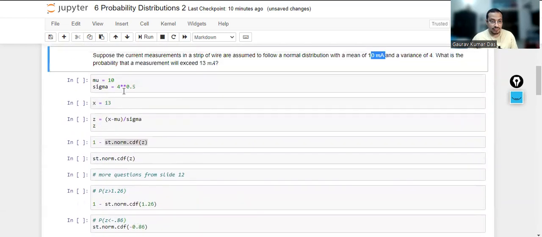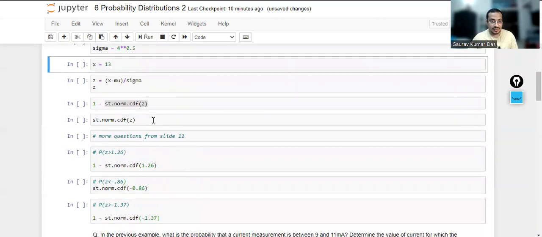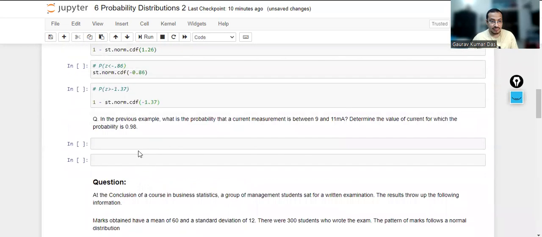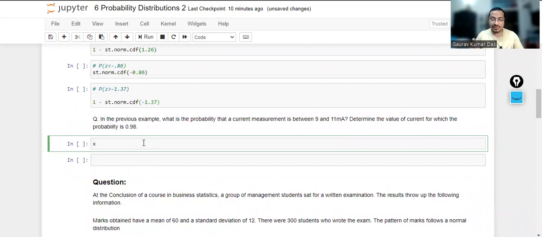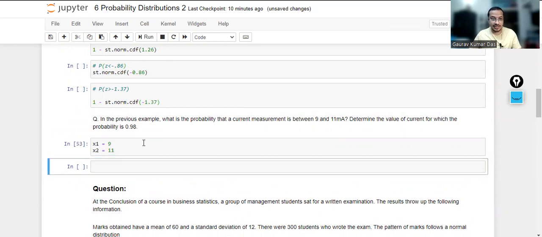So we already know mu and sigma here directly. X was 13. So here my X1 and X2, there'll be two points, X1, which is 9 milliamperes, and X2 as well, which is 11 milliamperes, right?